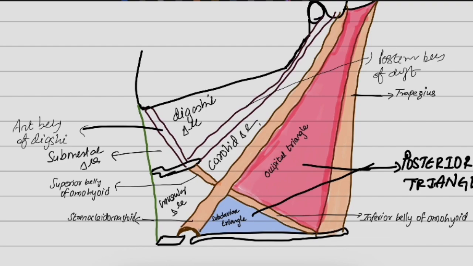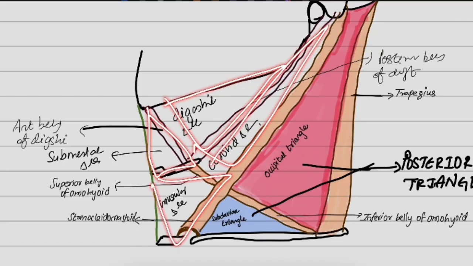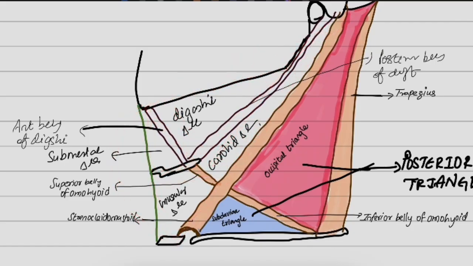Now we have got all our anterior triangles: the submental triangle, the digastric triangle, the carotid triangle, as well as the muscular triangle. All these four are the anterior triangles.